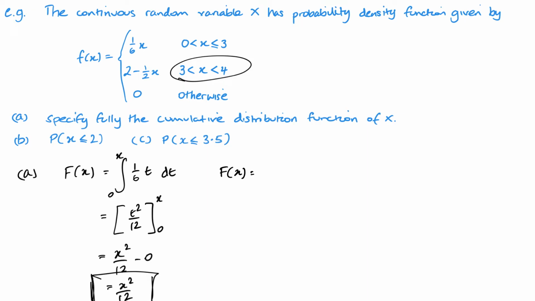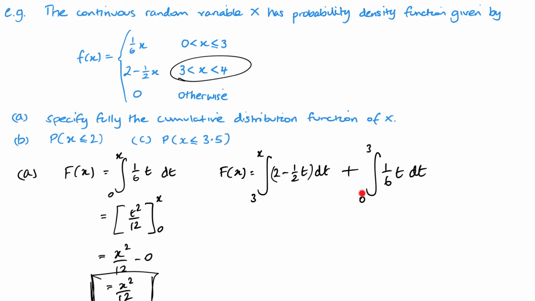So although I'm going to integrate between 3 and 4, so that's between x and 3, and we get 2 minus a half t dt. But what I must remember is that it's cumulative, so I also need the total of everything that's come before it. So everything that's come before it is this integral between 0 and 3 of 1/6t dt. That's essentially it, yeah? But that's what we've done here.